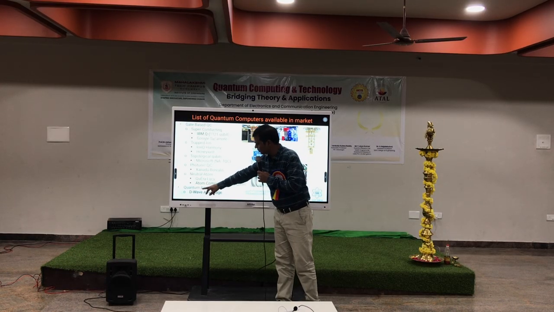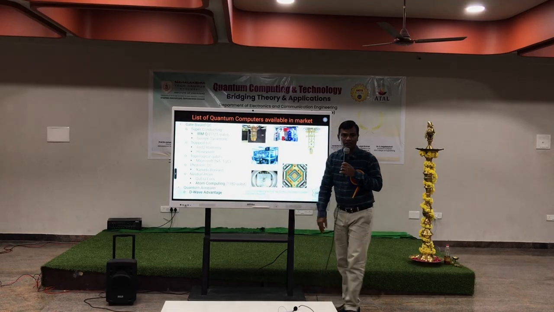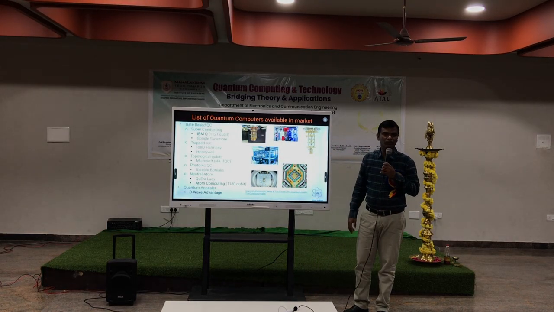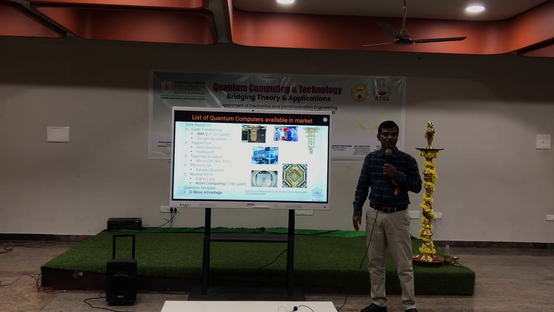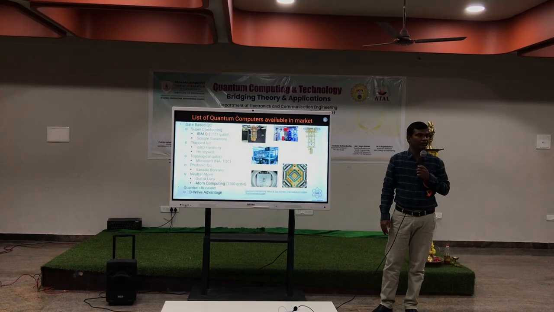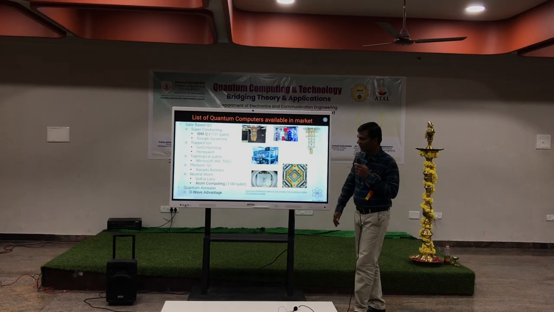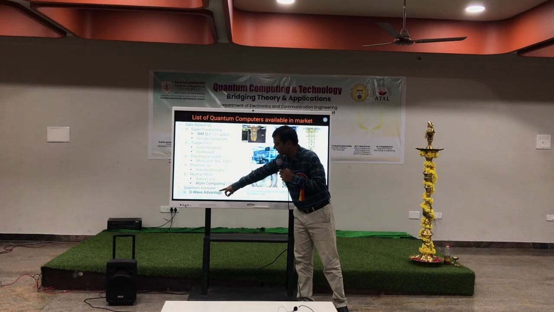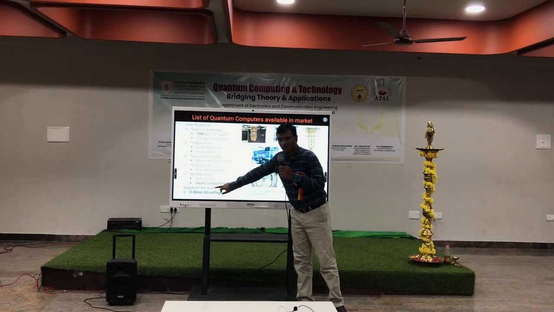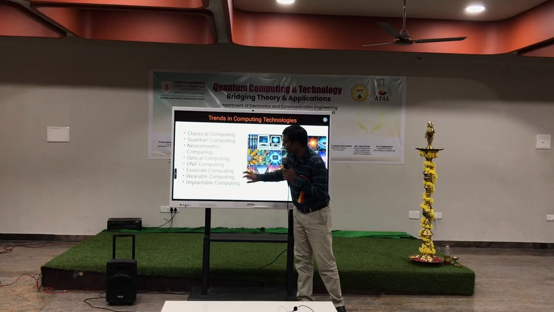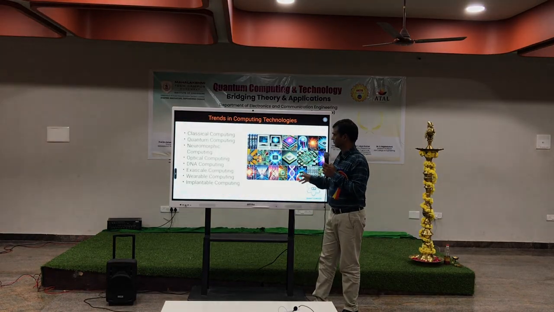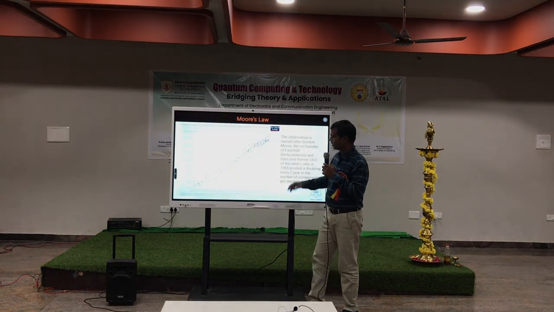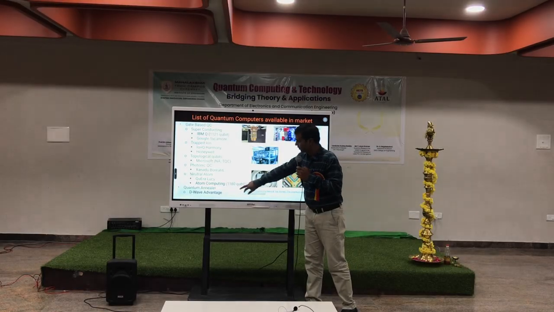When it comes to quantum annealing, it is used only for machine learning, for whatever optimization problems there are. That means machine learning deals mainly with optimizations, and those type of things will be done here.